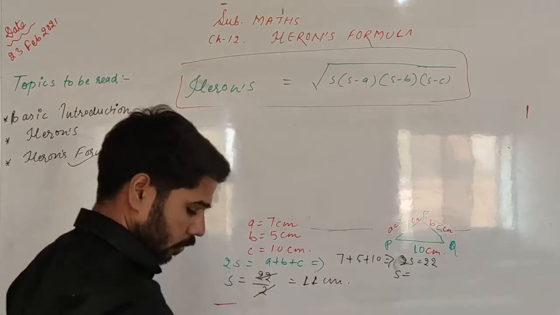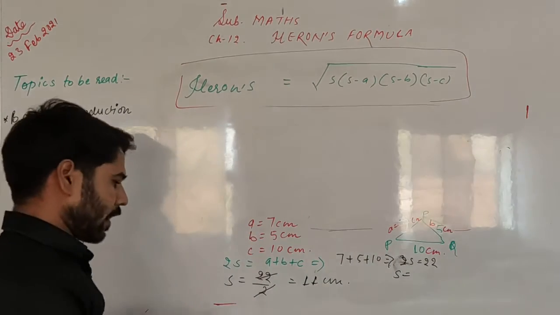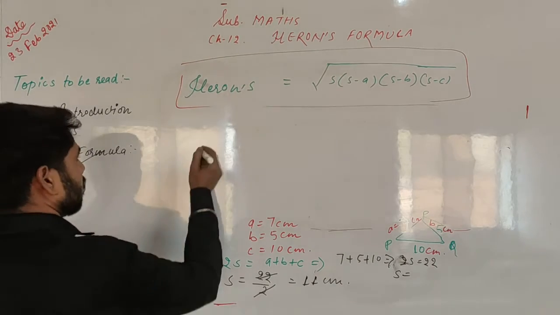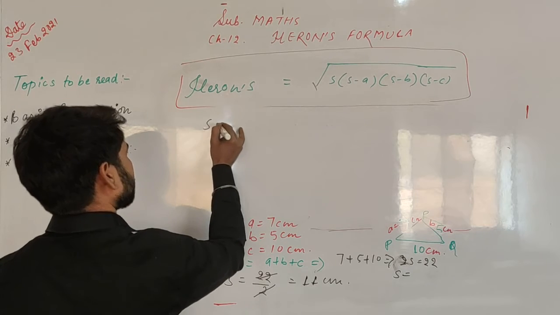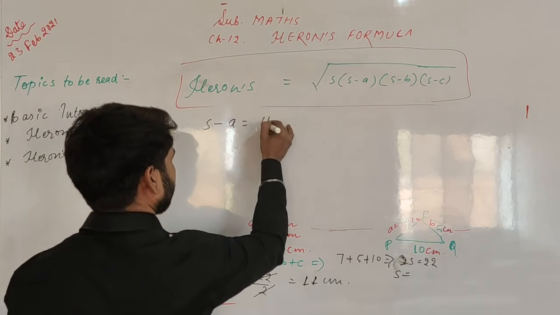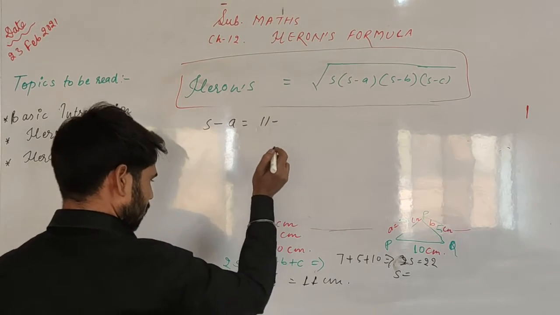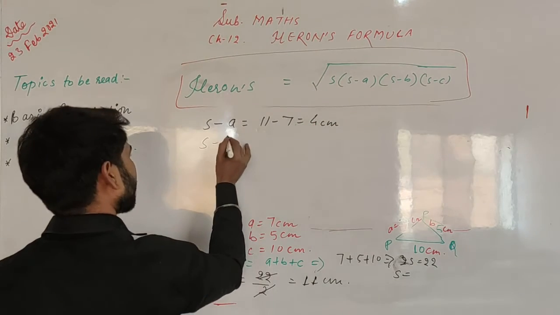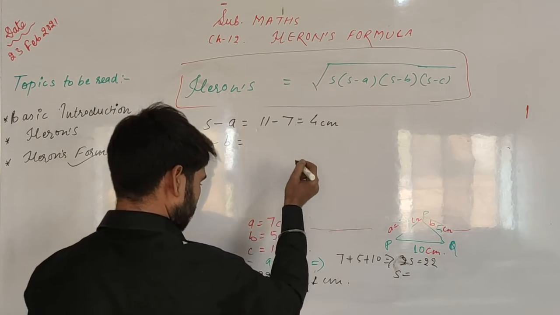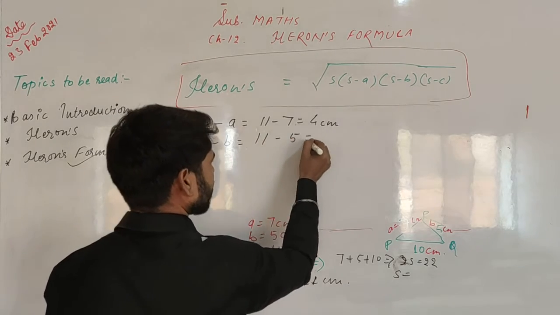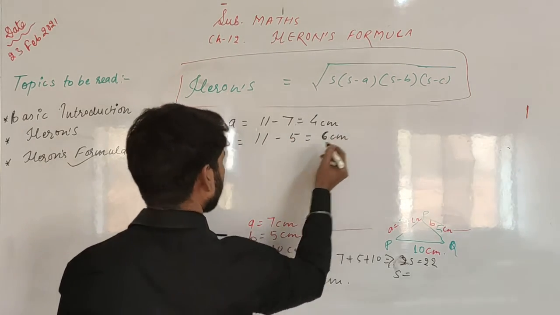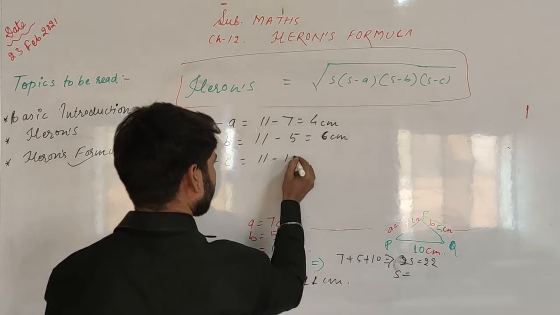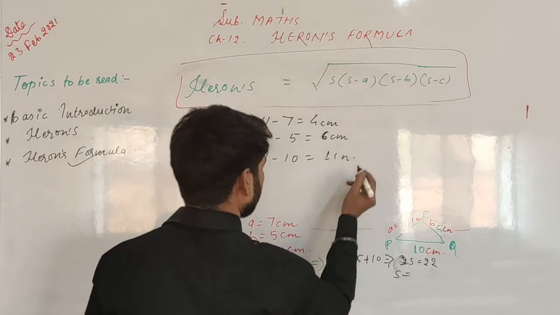So we got all the sides and the semi perimeter. Now S minus A, 11 minus 7, that is 4 centimeter. S minus B, that is 11 minus 5, 6 centimeter. S minus C, that is 11 minus 10, that is 1 centimeter.